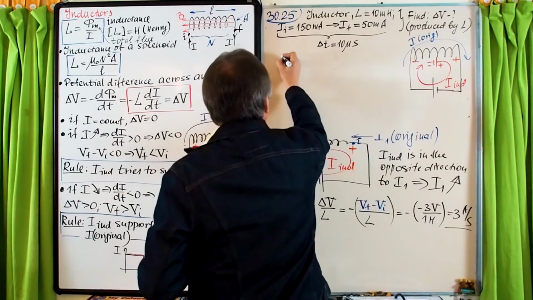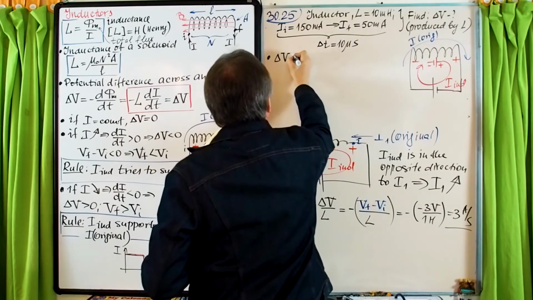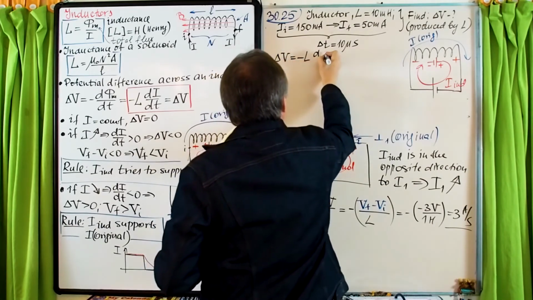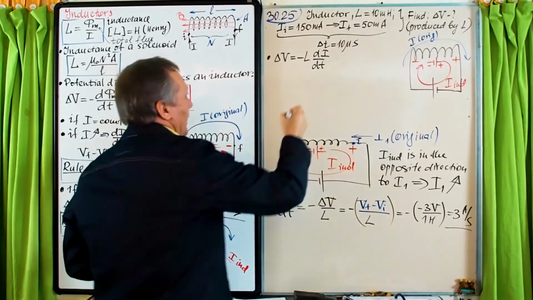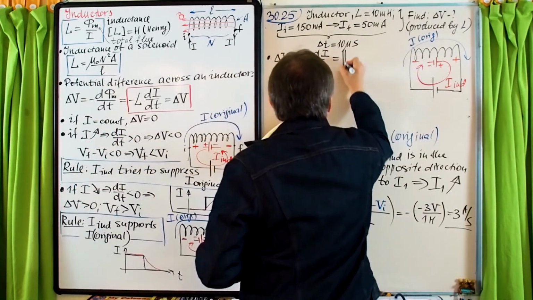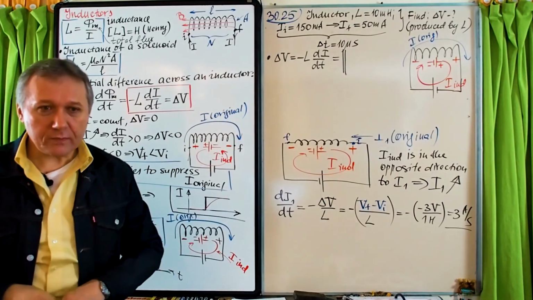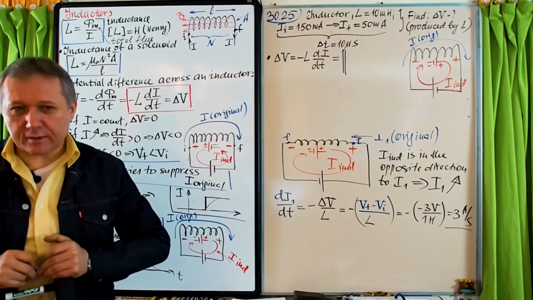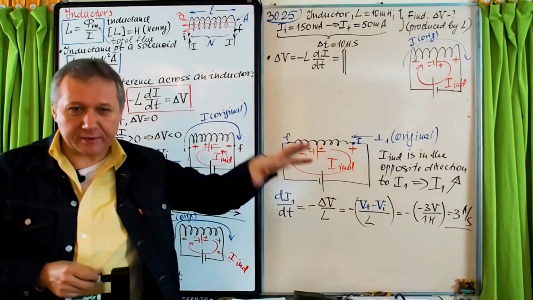So now let's calculate. Right. I will put a bullet. So delta V equals minus L di over dt. And now at this point I have to pause, open my explanation box, and I have to make a statement. This problem is not stated completely.